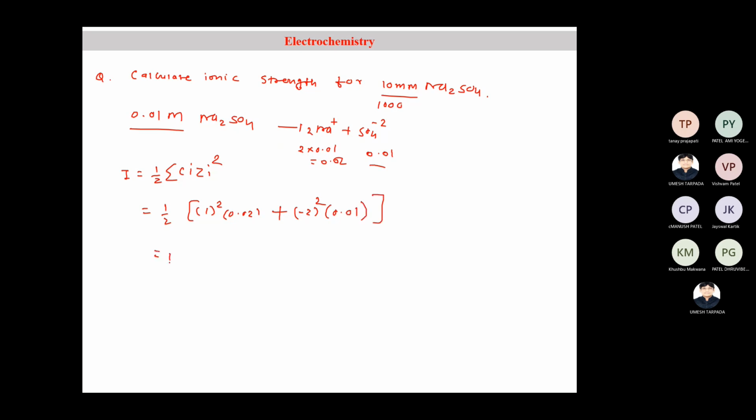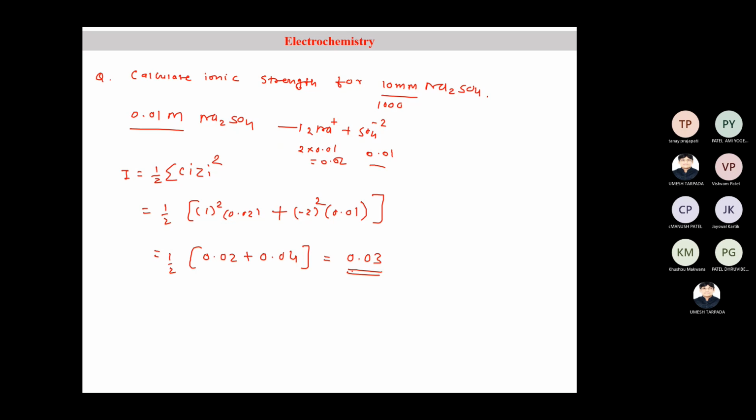So it becomes 1/2 of 0.02 plus 4 times 0.01, which is 0.04, so 0.06 divided by 2 is equal to 0.03. This is the ionic strength. In this way you can calculate ionic strength.